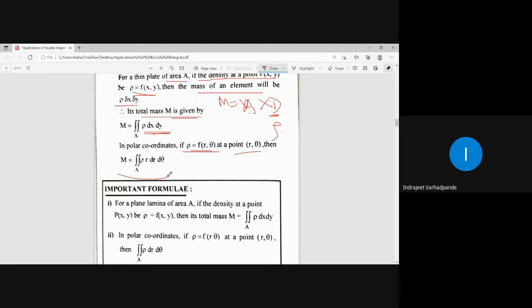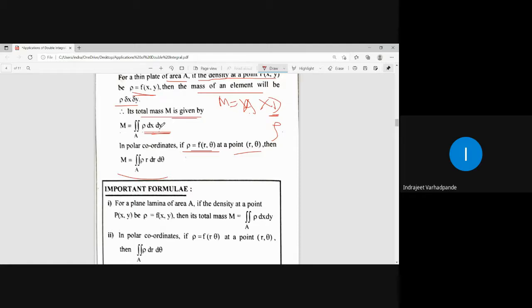If sometimes the density is not given, we consider it as constant k, right? So this is how the formula for the calculation of mass comes. Actually mass is volume into density, but accordingly for the plane region or a thin plate or a plane lamina, the third factor, the parameter for volume, is not available, that is why we convert it into the area. So accordingly we get the formula for calculation of mass as double integral over A of rho dx dy.